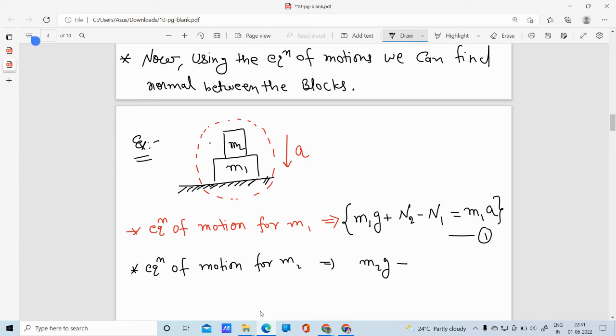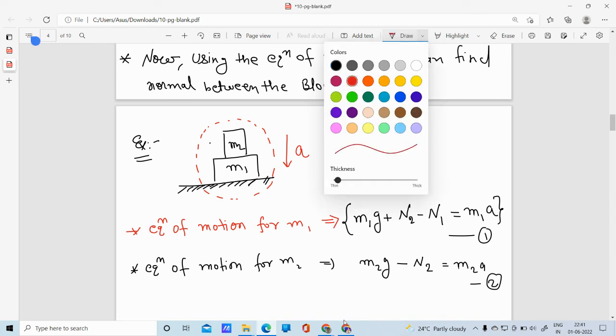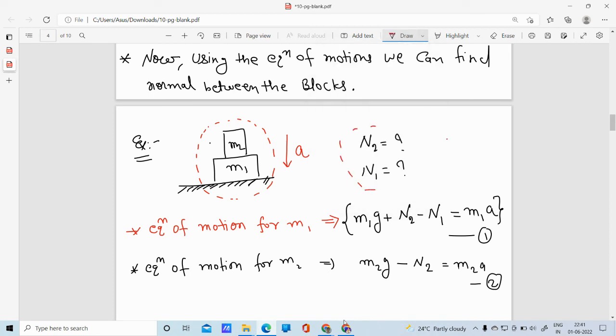M2g minus N2 equals M2a. This is equation number 2. The problem is how to find N2, how to find N1. So this is our problem, this is our question.